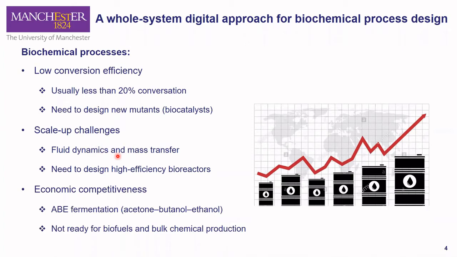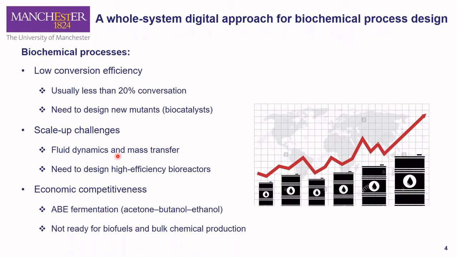An example is ABE fermentation process, which is to use fermentation to simultaneously produce acetone, butanol, and ethanol. We know that butanol and ethanol, they are biofuels. This process actually has been developed for over 100 years. It was first proposed in 1860s. Until now, the technical challenge of this process has been almost completely solved, but the process is still not commercially viable.